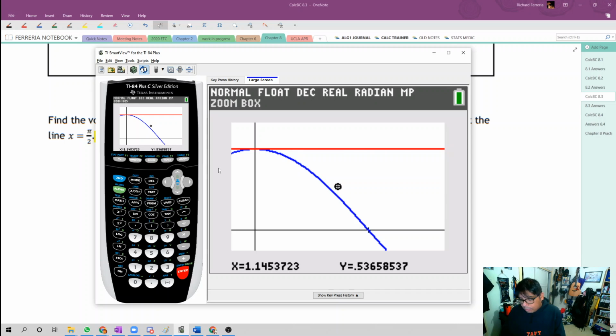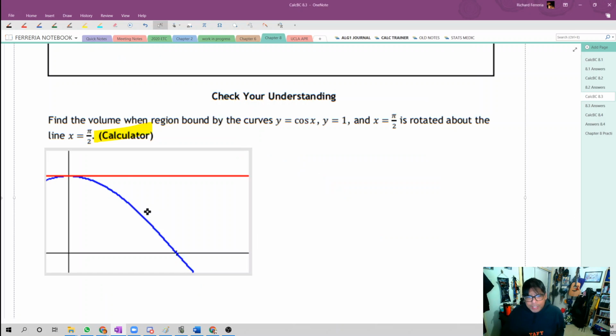Okay, let's take this over to our work. It's really nice to be able to draw on the screen like this. So our region is also bound by the curve x equals pi over 2.